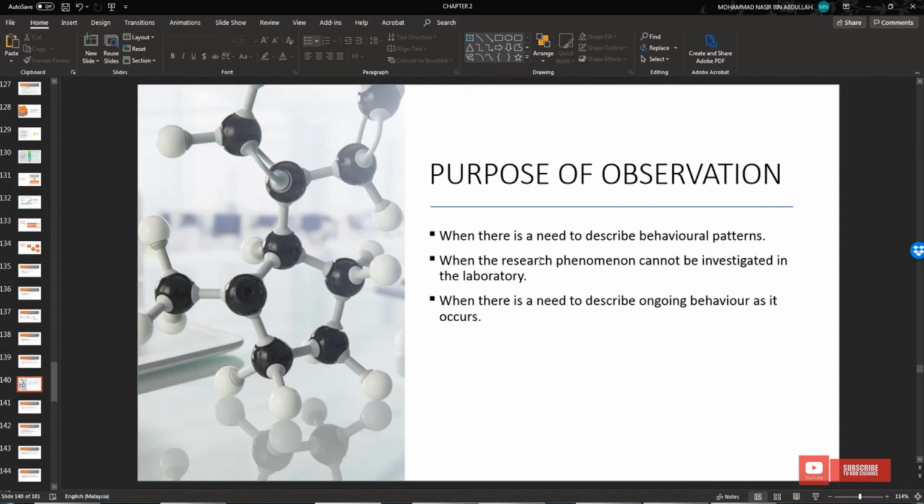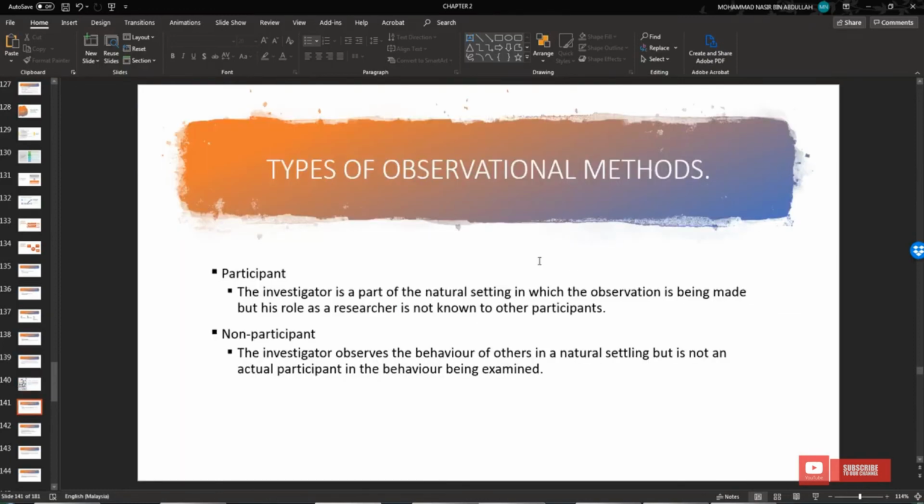So the purpose of observation is when there is a need to describe behavioral patterns, when the research phenomena cannot be investigated in a laboratory, and when there is a need to describe ongoing behavior as it occurs. We have two types of observational methods: participant and non-participant. In participant observation, the investigator is part of the natural setting in which the observation is made, but his role as a researcher is not known to the other participants.